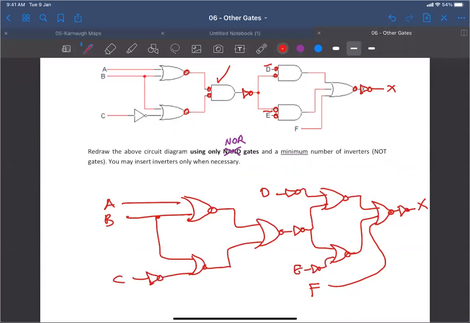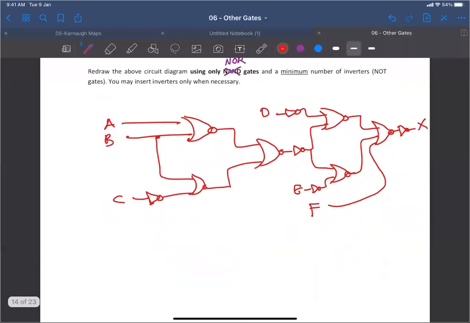Okay, let's compare the number of inverters in the case of the NANDs and the NORs, between the two questions. This one is 1, 2, 3, 4, 5, so this is 5 inverters.